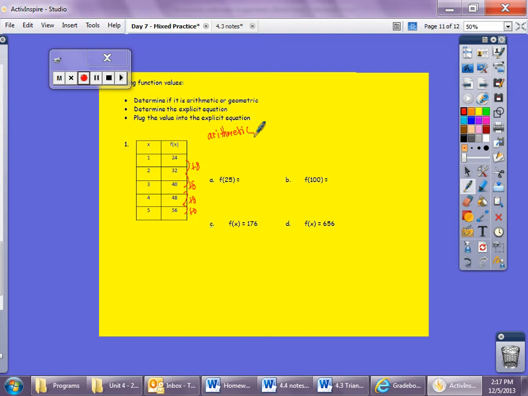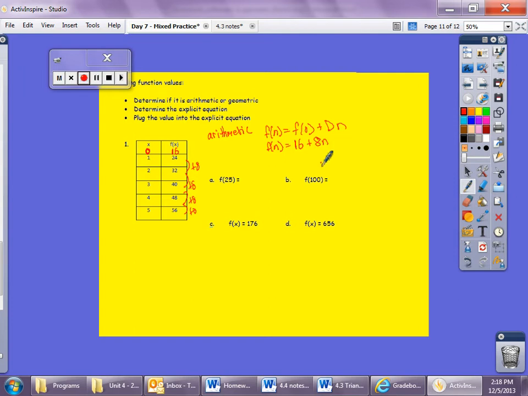Determine the explicit equation. Well, the explicit equation is f of n equals f of 0 plus d times n. So f of n equals f of 0. Well, when x is equal to 0, f of x is equal to 16. So 16 plus d, our common difference, which is 8, times n.